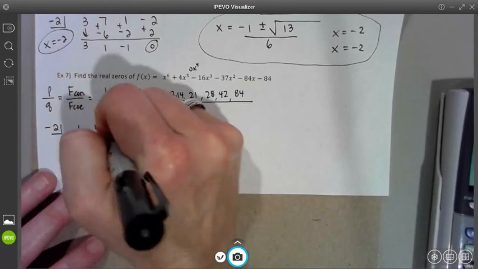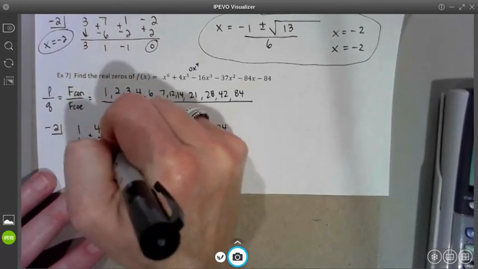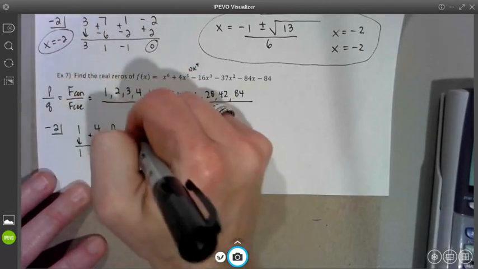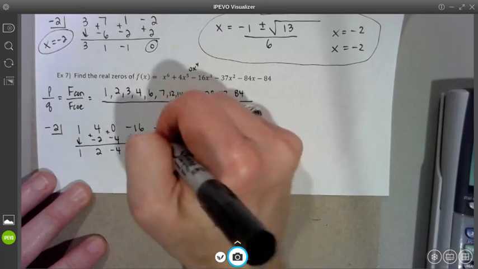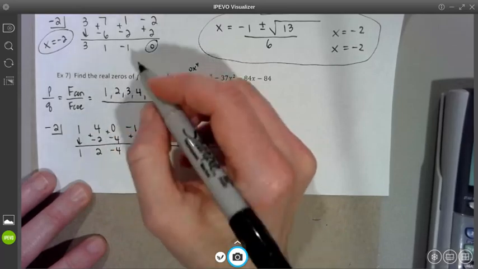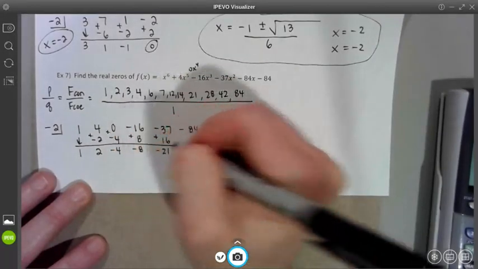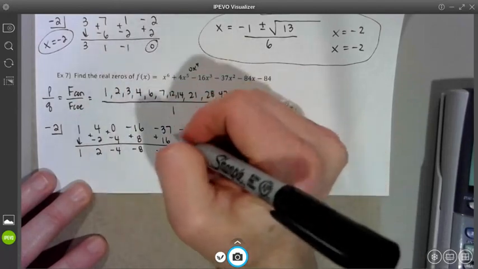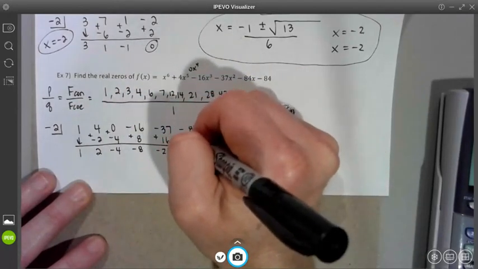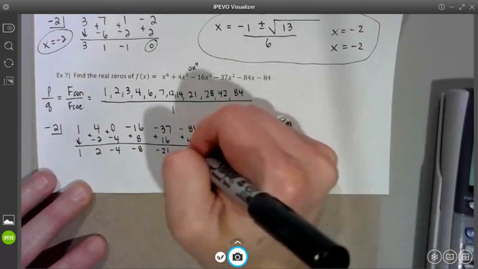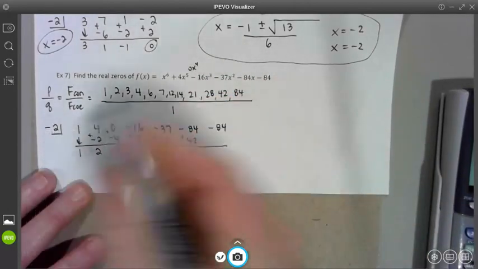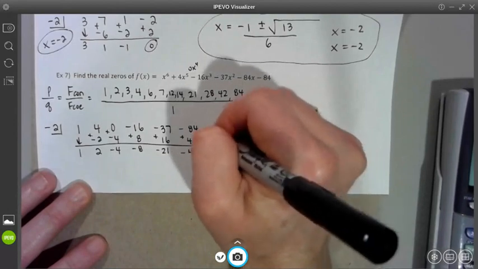Add to get 2. -4. It's going to be 8. It's going to be -8. It's going to be 16. It's going to be -21. -21 times -2 is positive 42. Add them together, we're going to get -42 times a negative is positive 84.